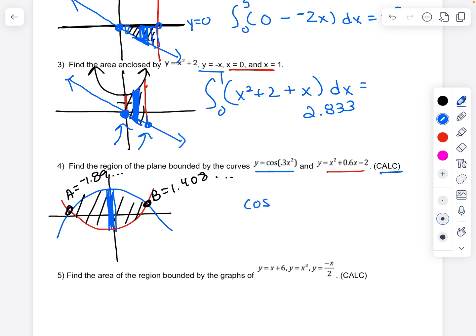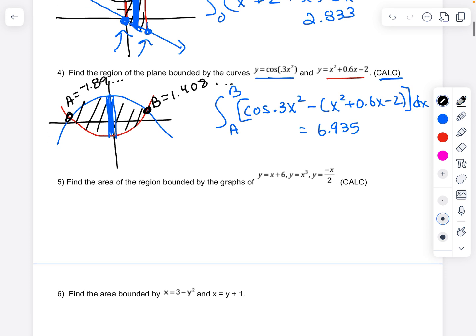So that's the cosine graph minus the red function. Okay, the width of the rectangle is dx, and I need to integrate from A to B. Okay, and this will be 6.935 if you type it into your calculator.